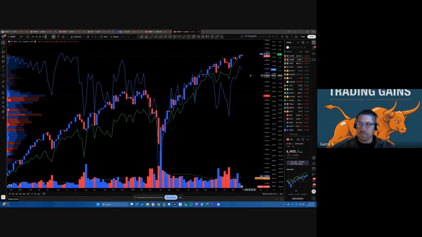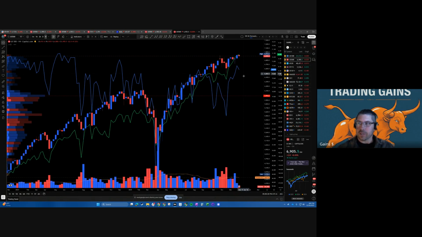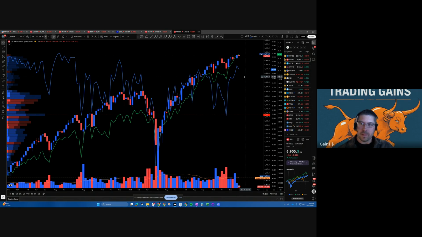So pretty much what we're trying to do here is see if there are any correlations. And this is at the weekly level, of course. You can kind of see here that UVIX has gotten crushed. Same thing with the VIX, but UVIX always seems to snap back, and it's always a little bit delayed because it's the forward curve.